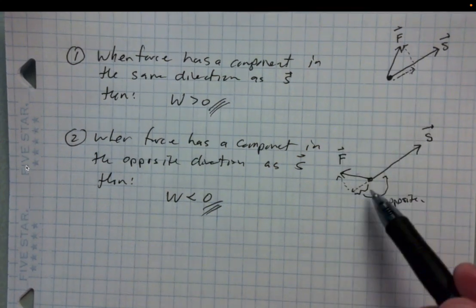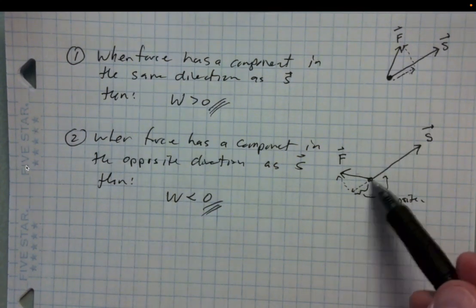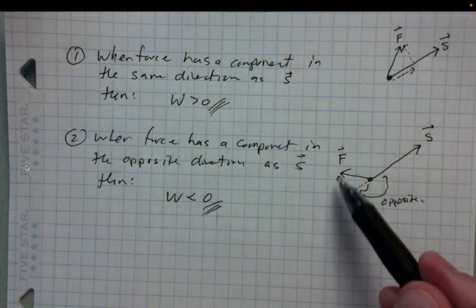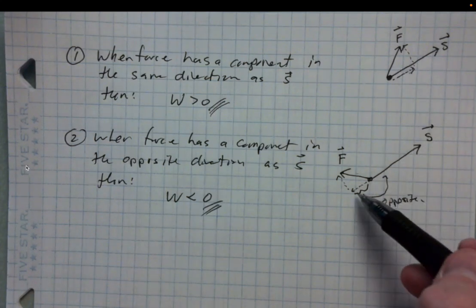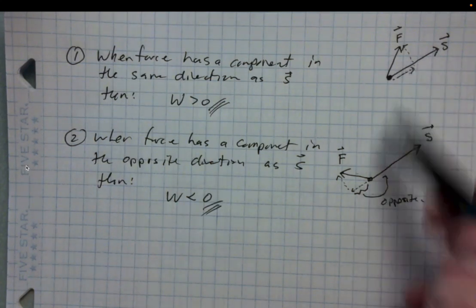Now down here, you've got a part that's pushing opposite the direction of S and a part that's pushing perpendicular. That's all. So if the force vector isn't perfectly aligned with displacement, some part of it is going to be perpendicular, and some part of it's going to be in line, and it's either going to be in the direction or the opposite direction. Okay, and so you can see the difference there.